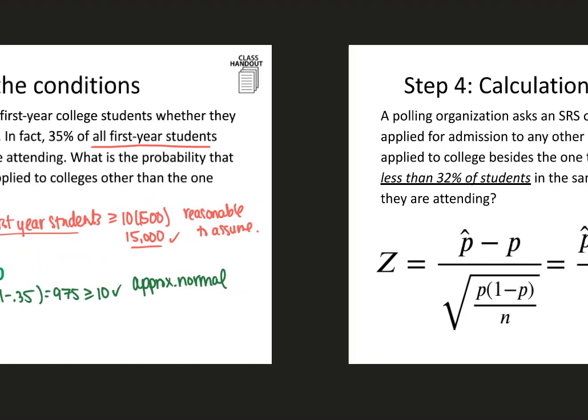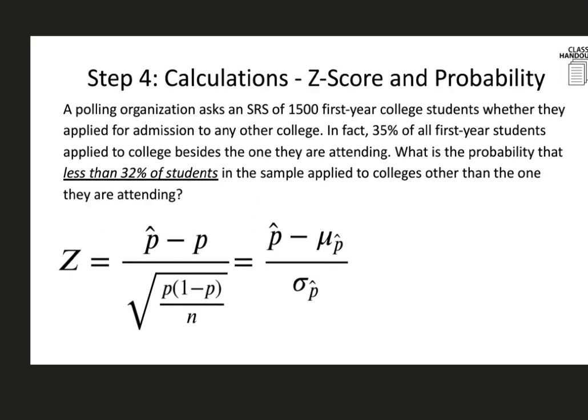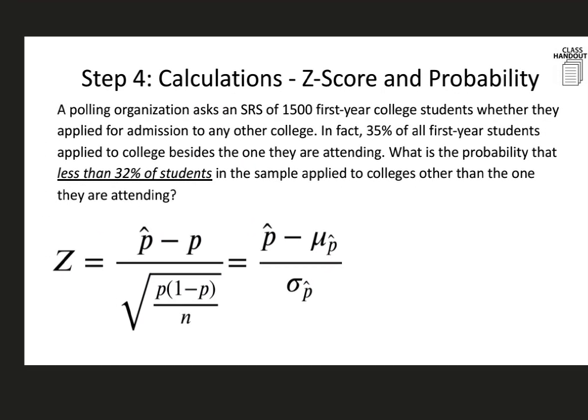Because our conditions are met, we know that we can move on to our calculations, which is finding the z-score and the probability. Okay, so we know our z-score formula is x minus the mean over the standard deviation. Well, remember, the mean is equal to p, the standard deviation is equal to the square root of p times 1 minus p over n. So this is essentially what we're doing. Remember, we found this and this in step 2.